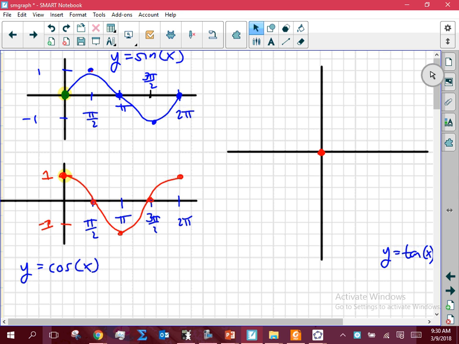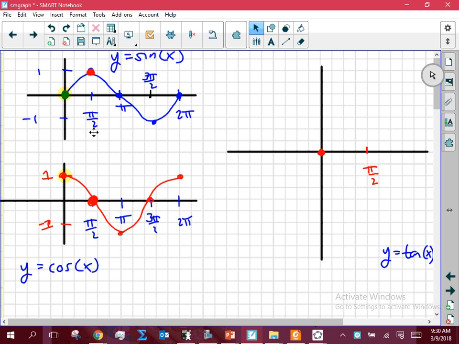Now I'm going to go to this point here and that point there, okay? They have the same pi over 2, right? So on the tangent function, I'd be looking at pi over 2 as the x value. Now what is this y value? 1. What is this y value? 0.